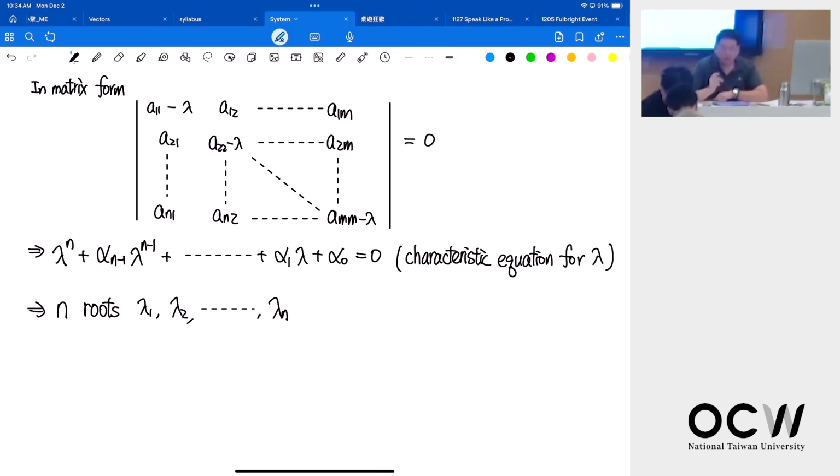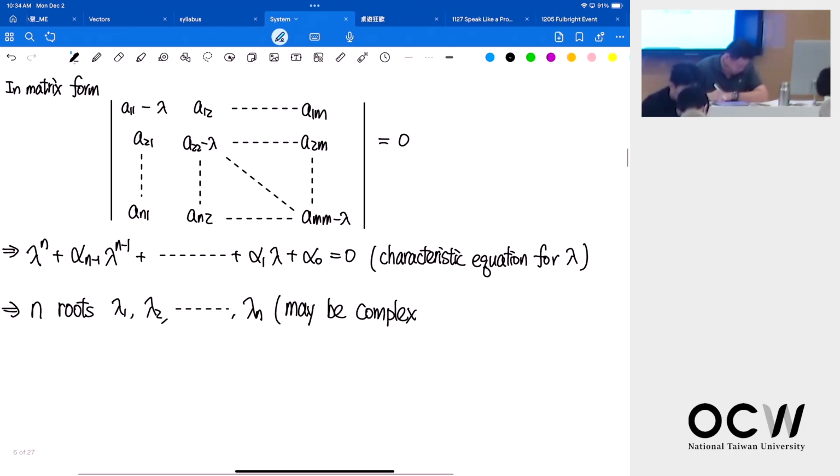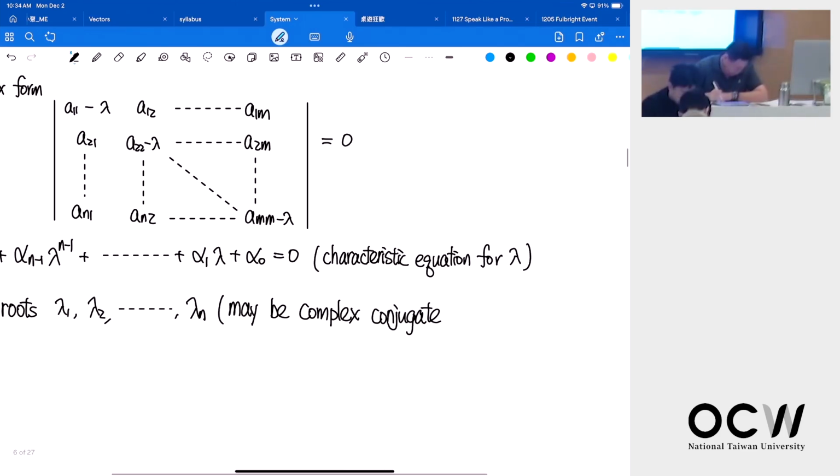For those lambdas, the eigenvalues, they could be complex numbers, maybe complex conjugates, or repeated.